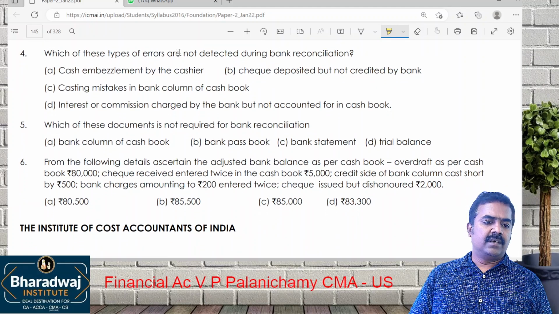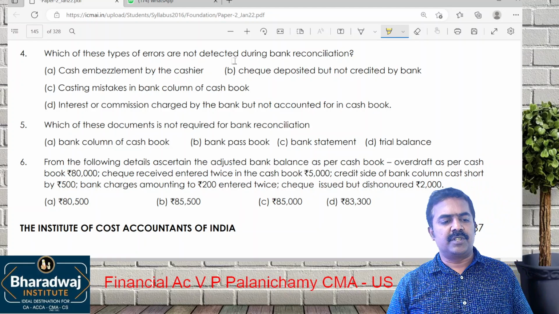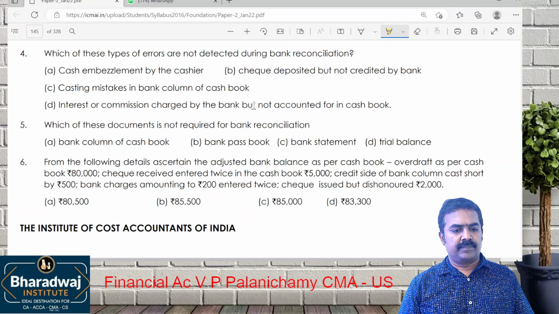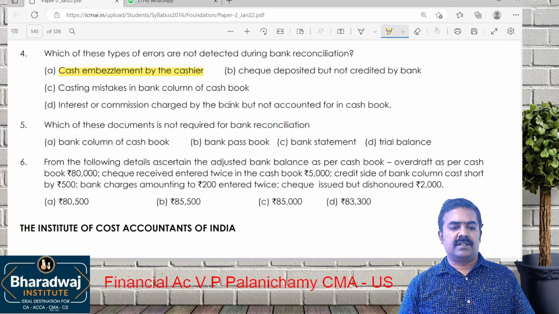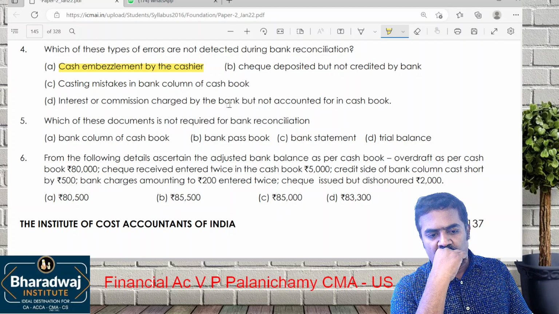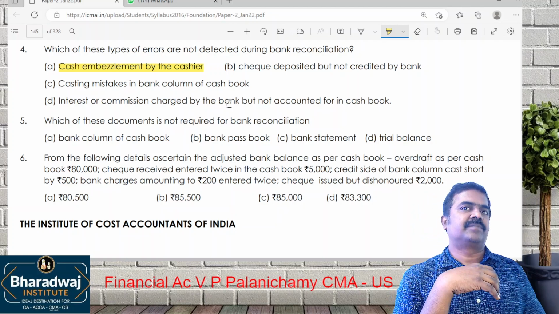Which type of errors are not detected? Cash embezzlement by cashier. What do you mean by embezzlement?